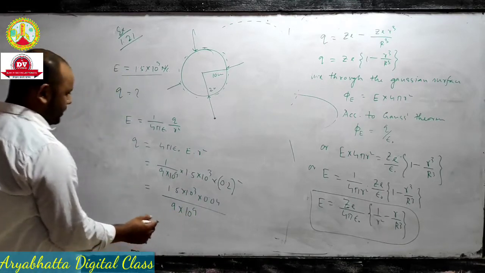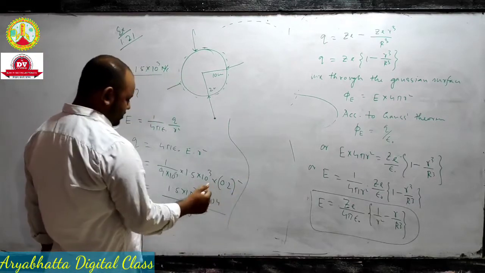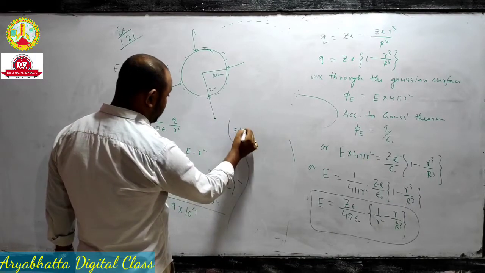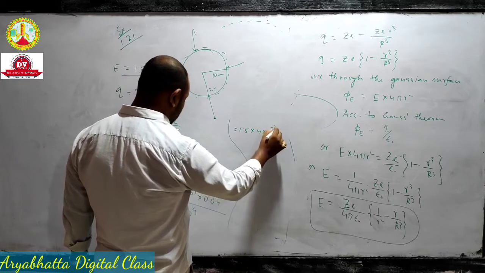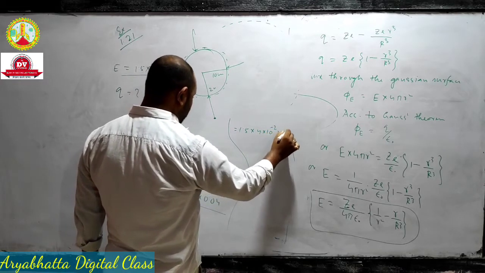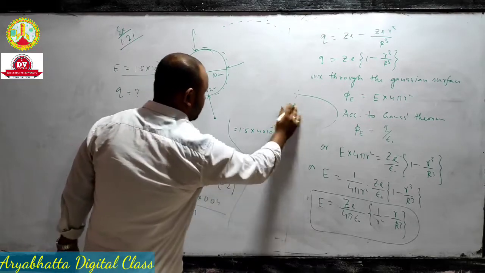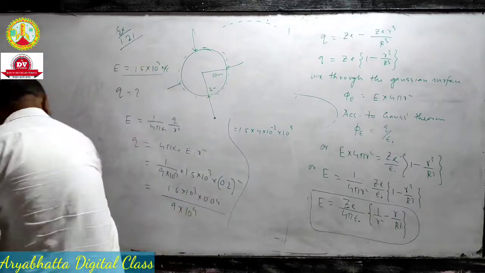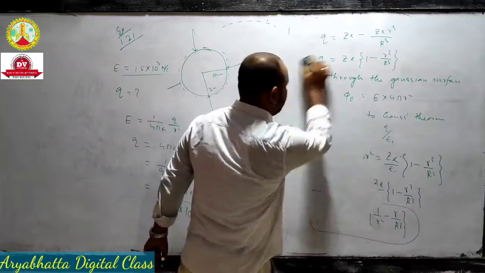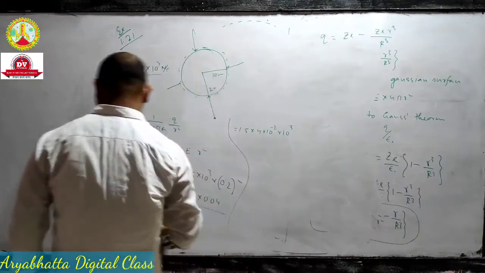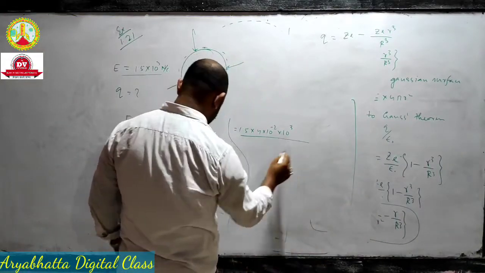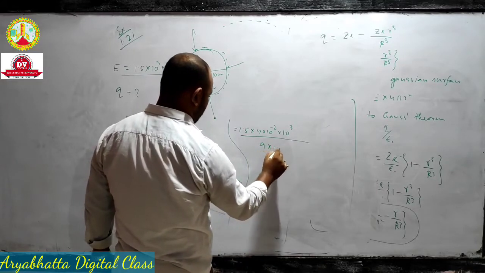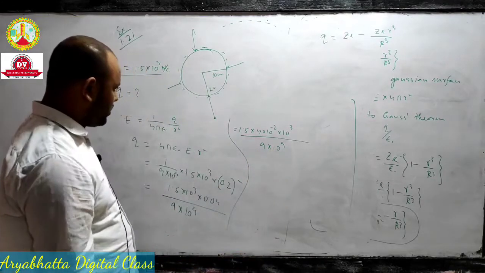If we simplify, it will be 1.5 into 4 into 10 to the power minus 2 into 10 to the power 3, divided by 9 into 10 to the power 9.